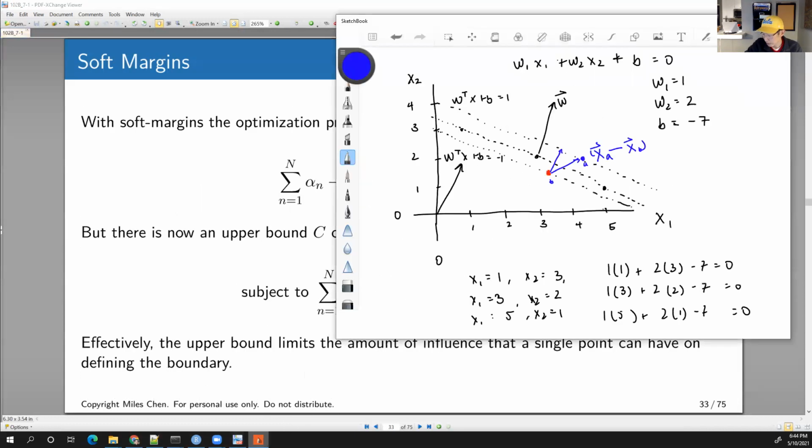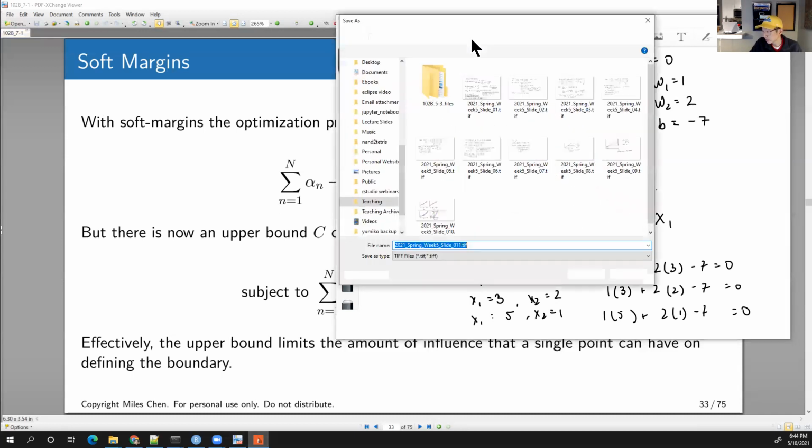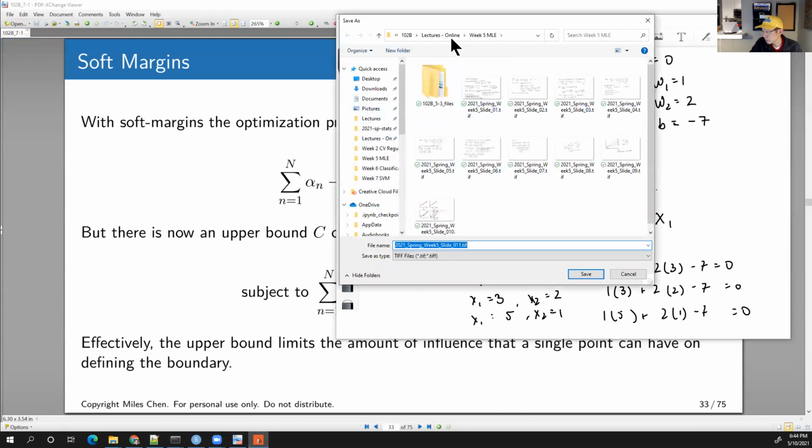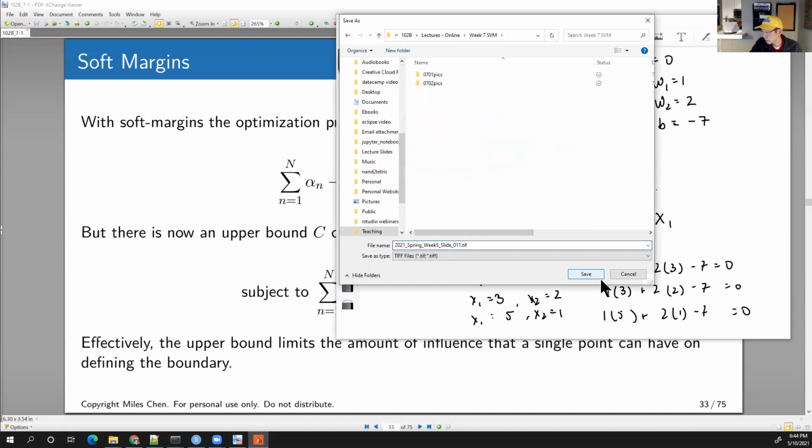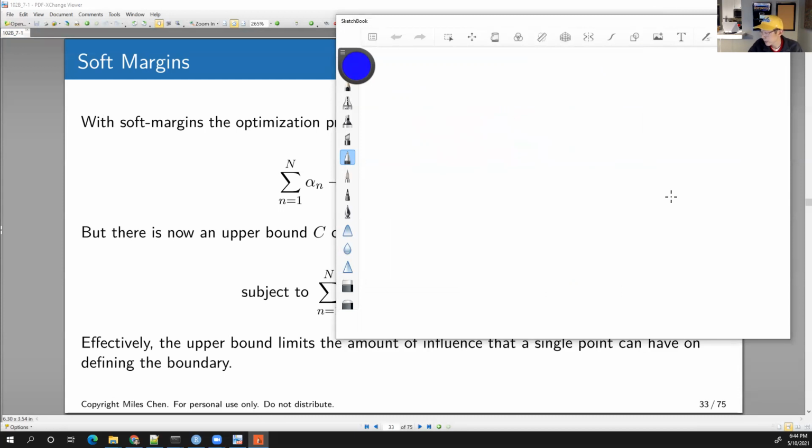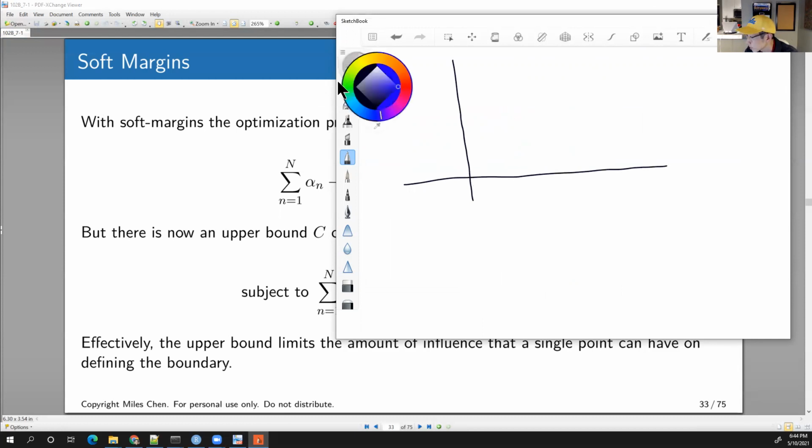So kind of the picture here. The idea being, we start off with some points, and first we said the boundary has to be kind of like this.